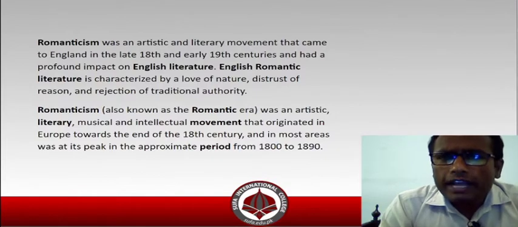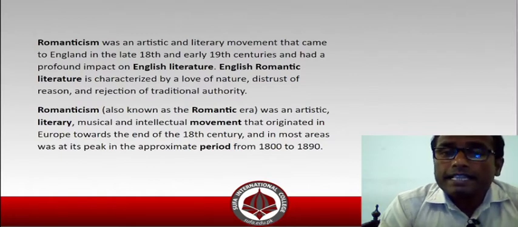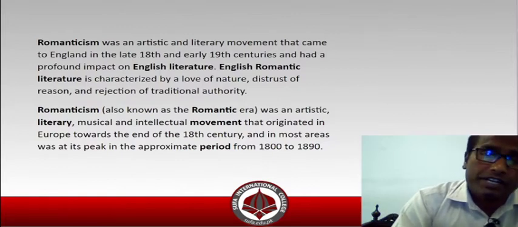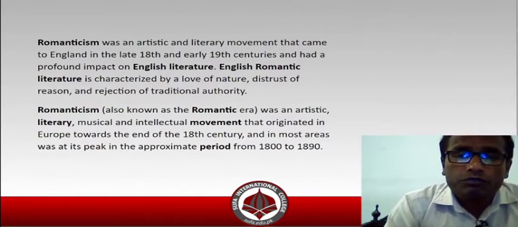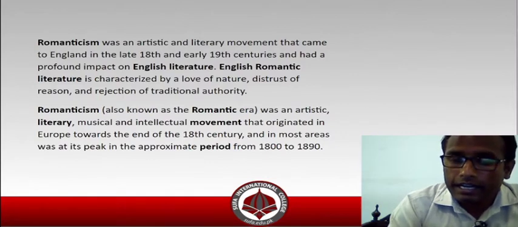Romanticism, also known as the Romantic era, was an artistic, literary, musical, and intellectual movement that originated in Europe towards the end of the 18th century and in most areas was at its peak in the approximate period from 1800 to 1890.